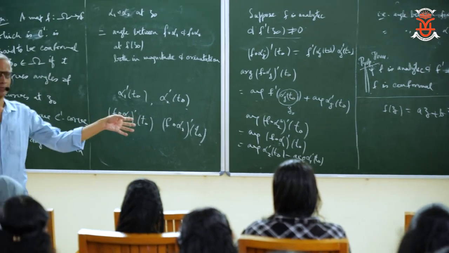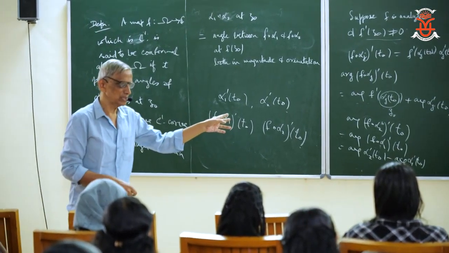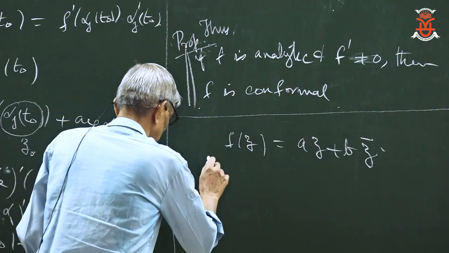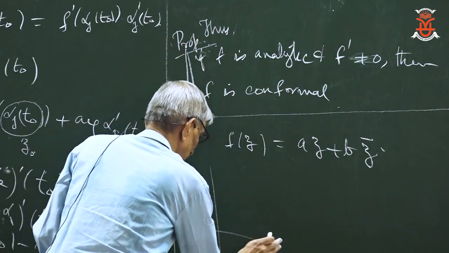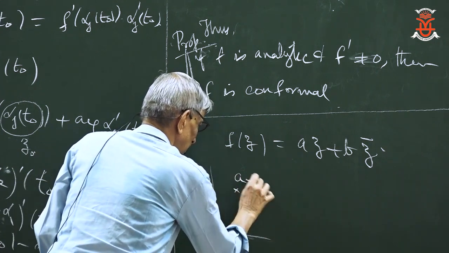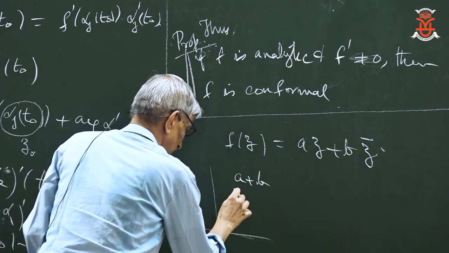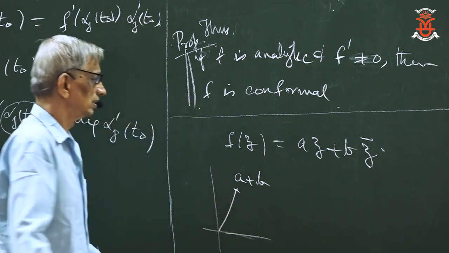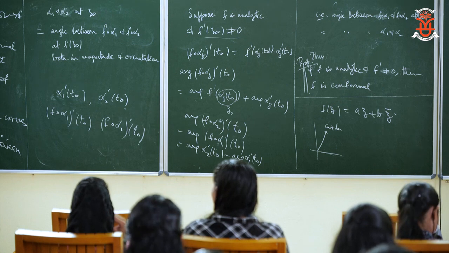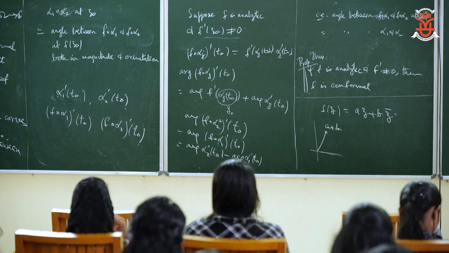Okay, so what is the image of the real axis under this? The line through the origin and a plus b.